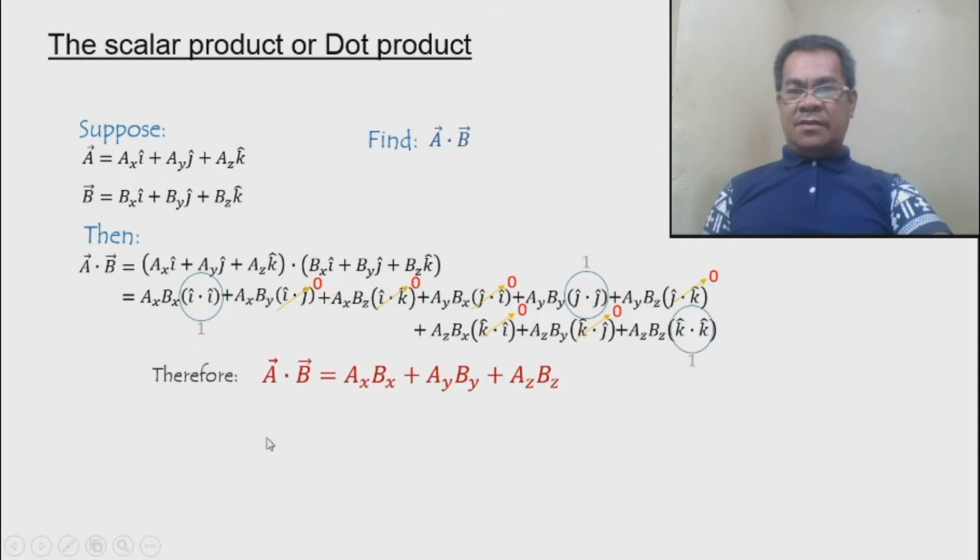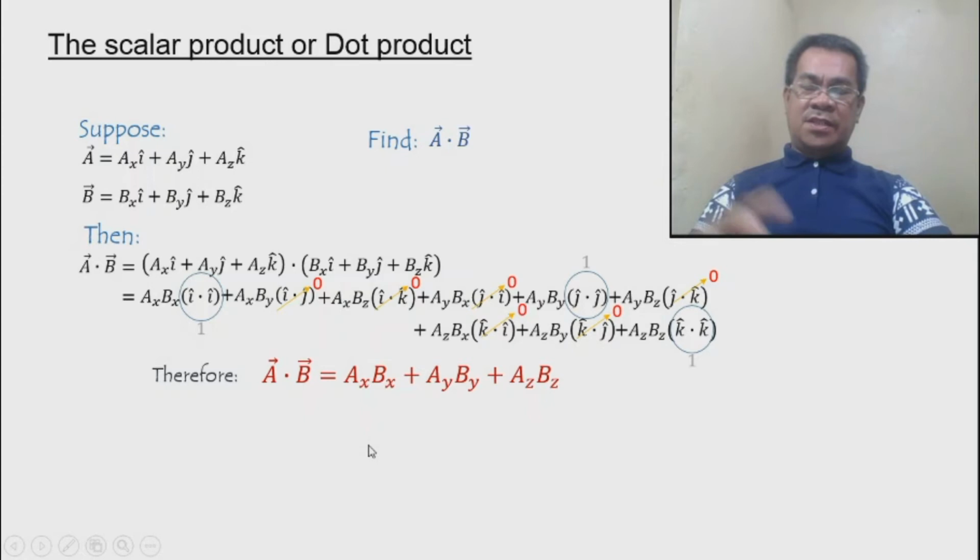So therefore, the dot product a dot b in terms of its components is just what? Multiply the components along x, multiply the components along y, multiply the components along z, then take the algebraic sum. That is the scalar product or dot product of a dot b.